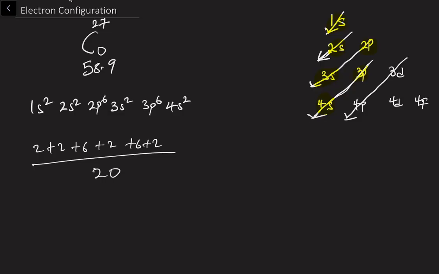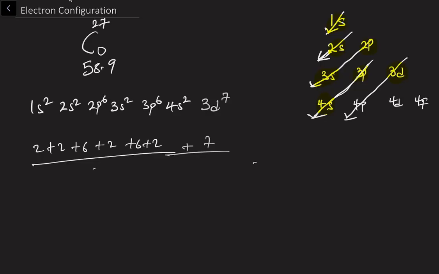We need 7 more. The next energy level and orbital is the 3d, and if you remember, the d orbitals in total can hold a total of 10 electrons. So this becomes 3d7 because we have 7 electrons remaining, plus 7, that's 27 electrons.